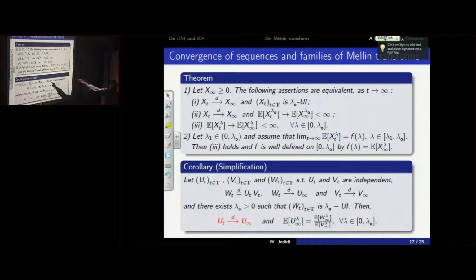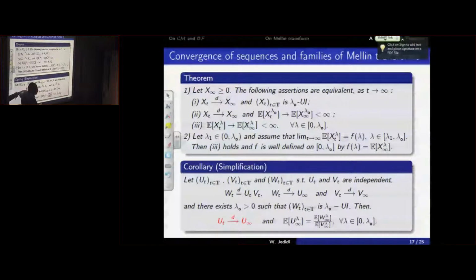Here we handle the Mellin transform. Then we have already settled the theory. There is another concept. When you look at W_T = U_T V_T, it's a product, here an independent product. These are random variables. Of course, it's very elementary if everything is deterministic. If you know that this one converges and this one converges to limits which are not 0 or infinity, then necessarily this one converges.